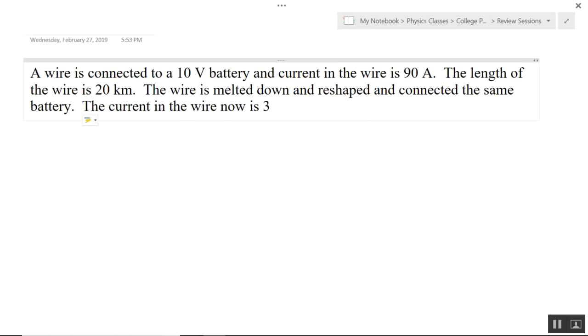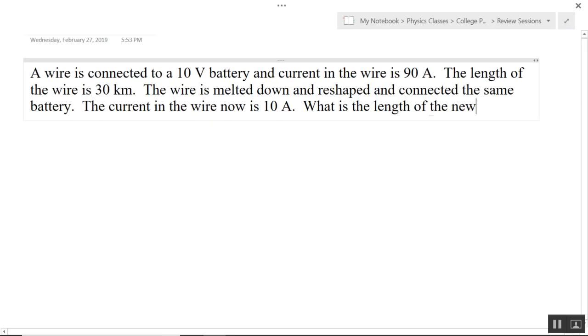No, sorry, 10 amps. I wanted it to be 10. Okay, so the question is, no, I want to make this 30. Sorry, I just thought, make this 30, not 20. Okay, that's fine. The question is, what is the length of the new wire?